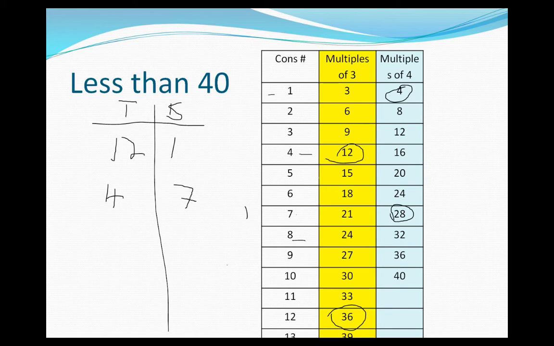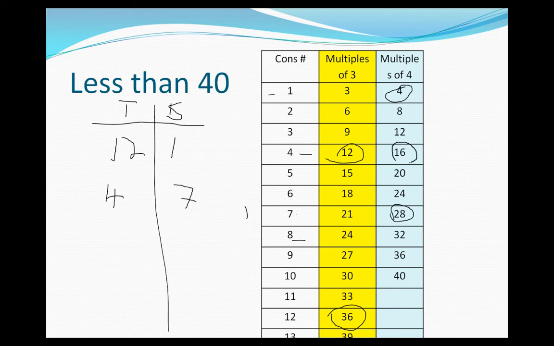We look if we can find any more. 15, is there any 25 over here? 18, is there any 22? No. 21, is there any 19? No. 24, is there any 16 over here? Yes, there's a 16.